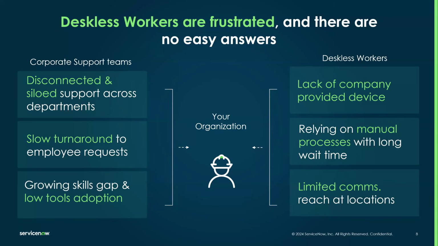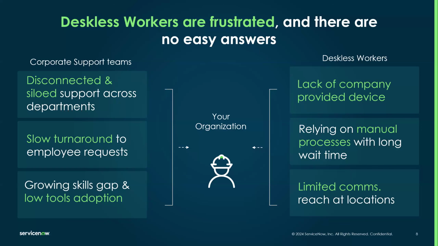And even when there are some tools that they're trying to deploy to reach these workers, for example, your portal, there is often low adoption of those tools, and there is a growing skills gap, which makes it very difficult for these workers to actually start engaging with the organization in a scalable manner.